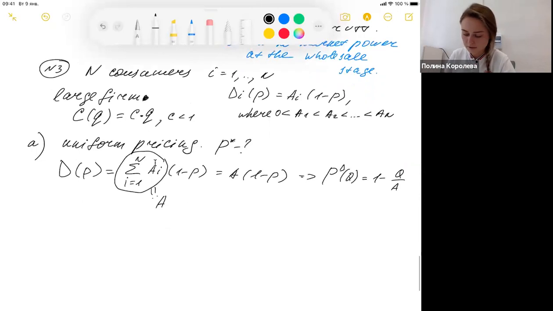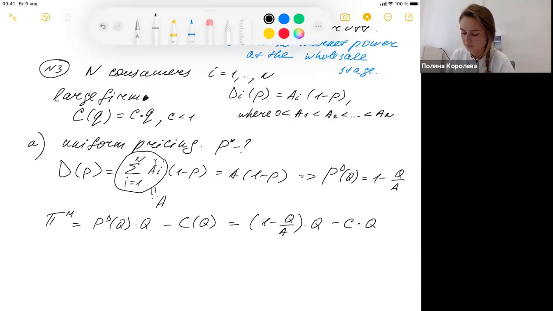So what is the profit of the monopolist, of our firm? Inverse demand multiplied by quantity minus cost of quantity. Putting everything in: (1 minus Q over A) multiplied by Q minus C multiplied by Q. This we maximize by choosing quantity greater or equal than 0.